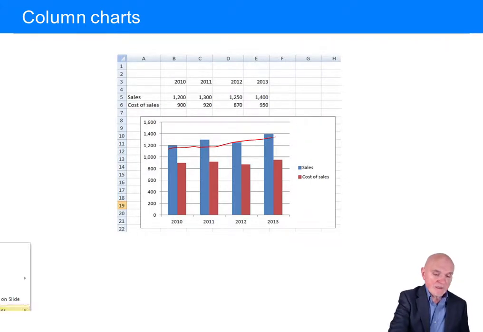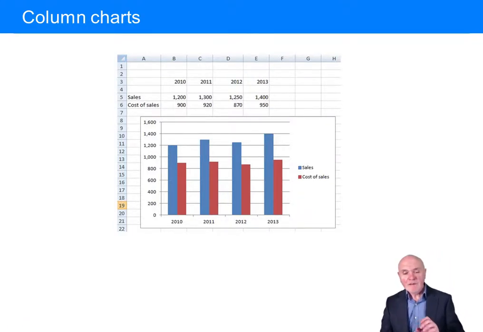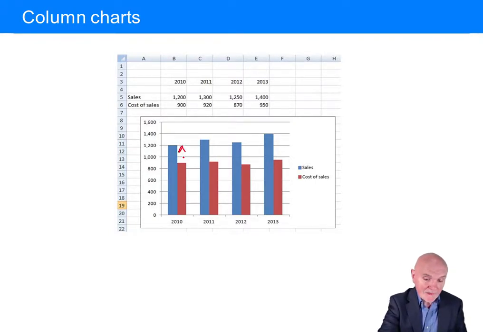However, what else we can see pretty easily is that the distance, or the difference, between the sales figures and the cost of sales figures has increased quite nicely. We can see this distance in here and this distance in here.